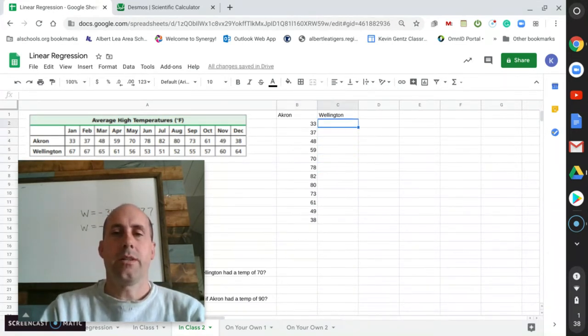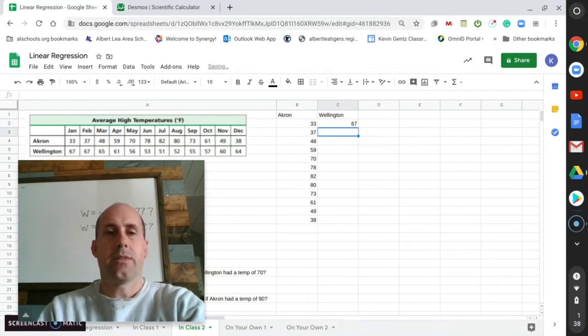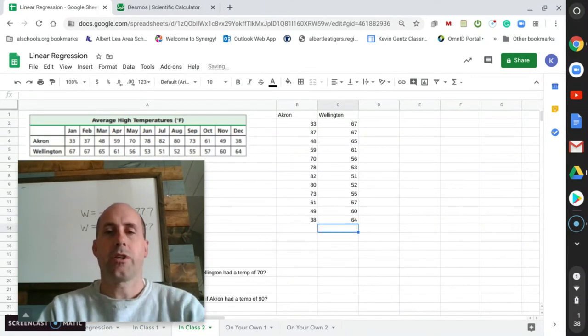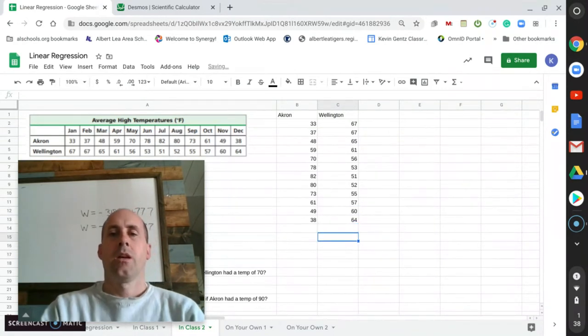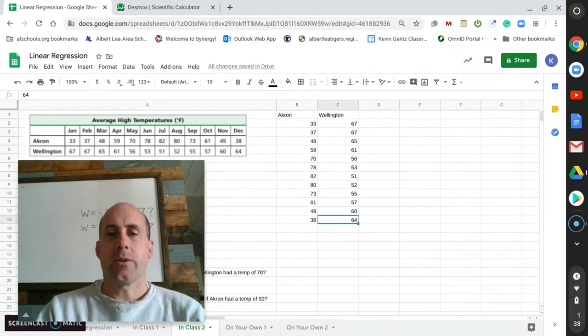And then in Wellington, I'm going to pair that up with 67, 67, 65, 61, 56, 53, 51, 52, 55, 57, 60, and 64. It doesn't look like temperatures change a whole lot in Wellington. A lot more change in Akron.